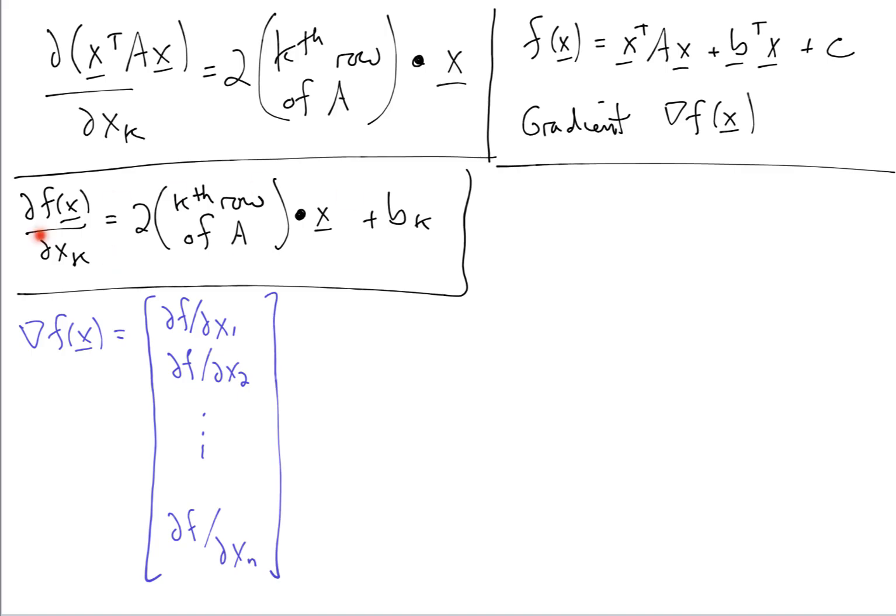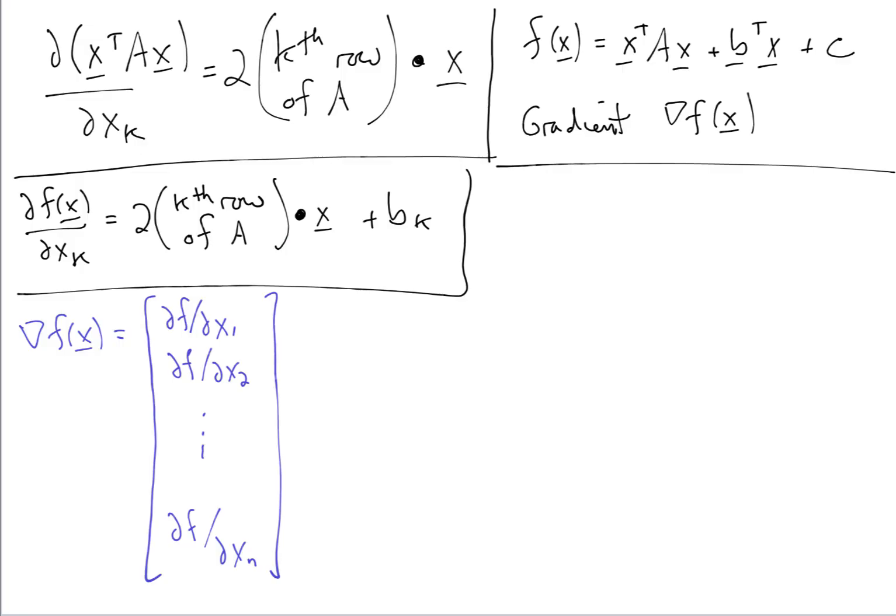We now use our derivation of the kth partial derivative of f to populate this vector. First, when k is 1, we have twice the first row of A dot x plus b1. When k is 2, we have twice the second row of A dot x plus b2.